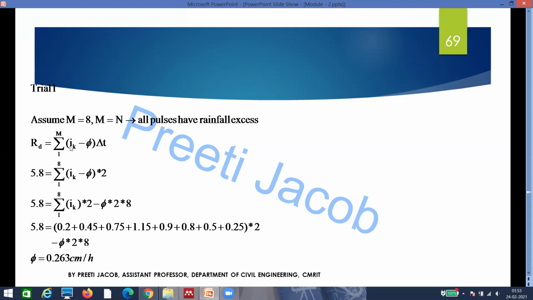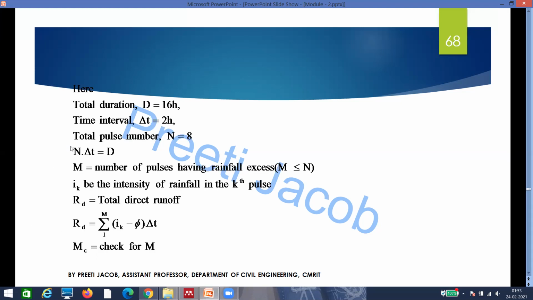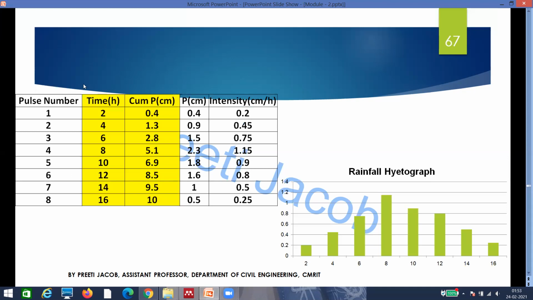Sigma IK is what we calculated in the previous slide. See, these are your IK intensity values. So I1 is 0.2, I2 is 0.45, I3 is 0.75, etc. If you want, you can have it in decreasing order. It is your choice. Otherwise, you just always have to deduct the lowest number.